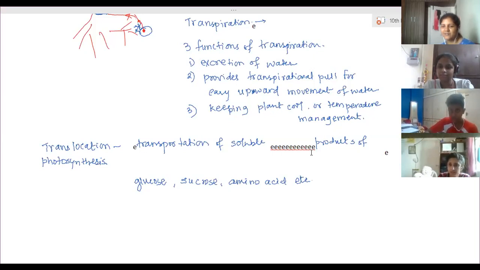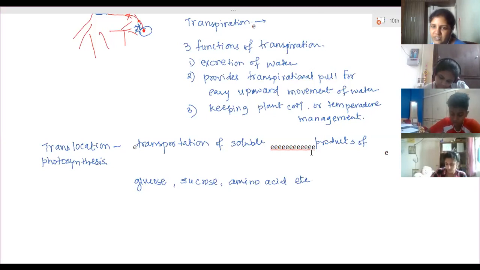The second is the amount of urea, the amount of nitrogenous waste that needs to be excreted. If nitrogenous waste is more in quantity, then the amount of water should be more to excrete it out.